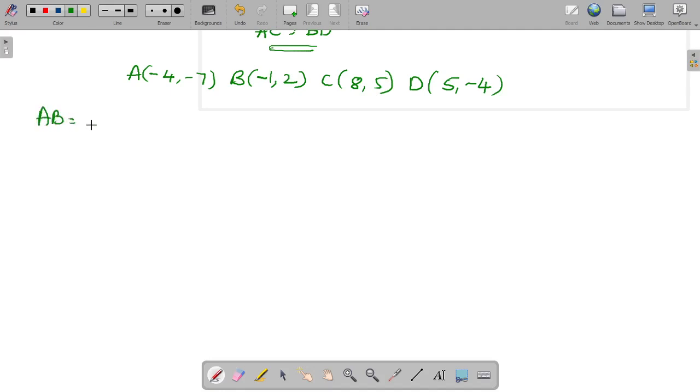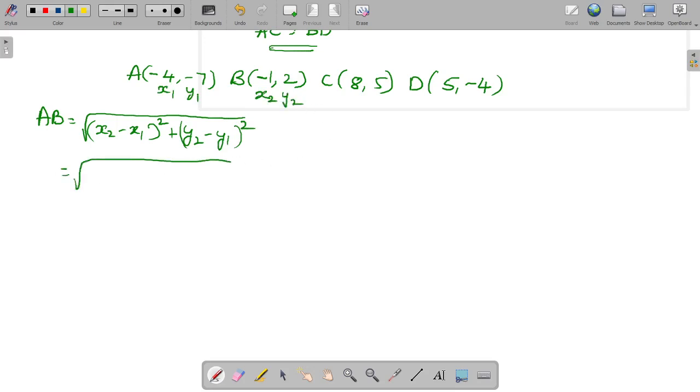AB is equal to the square root of (x2 minus x1) whole square plus (y2 minus y1) whole square. A coordinates are x1, y1, and B coordinates are x2, y2.